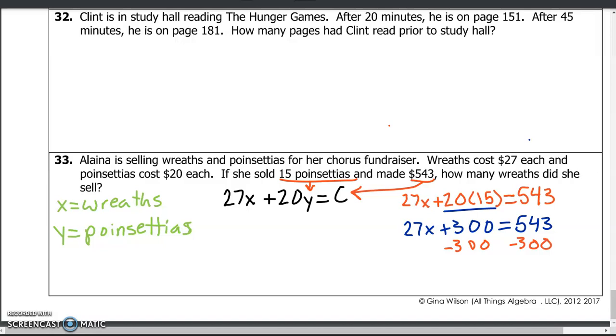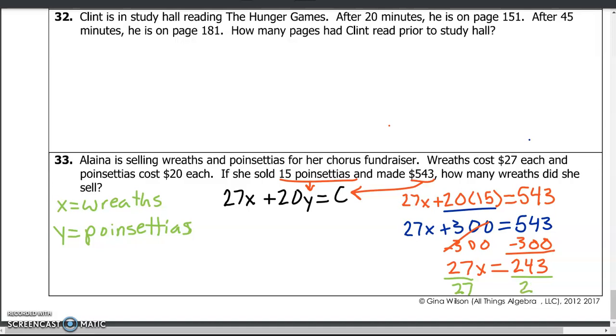Okay, so that gives us 27x equals, okay, 543 minus 300 would leave me with 243. Okay, then my last step would be to divide by 27 on both sides.